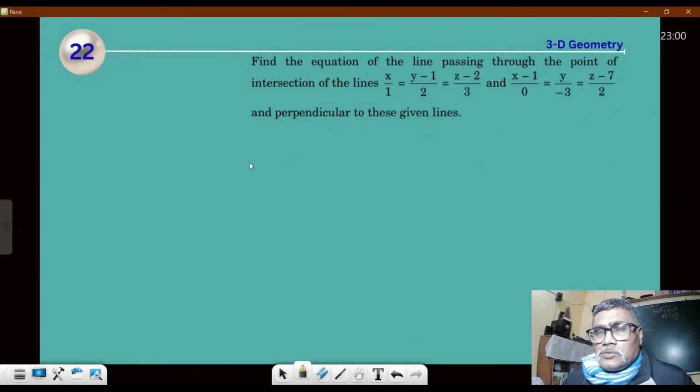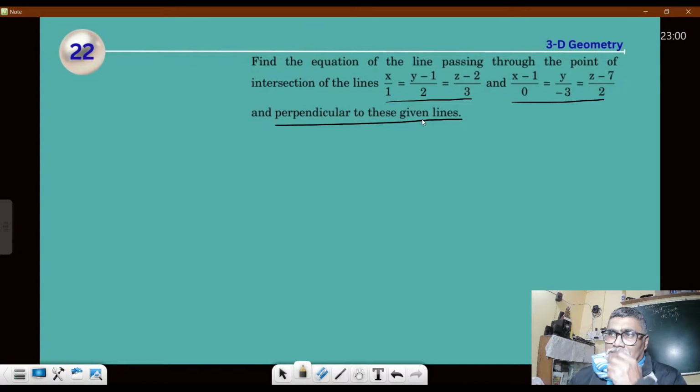Next, it's a very good question. Find the equation of the line passing through the point of intersection of these lines and perpendicular to these lines, right? Actually these questions are more or less the same type.